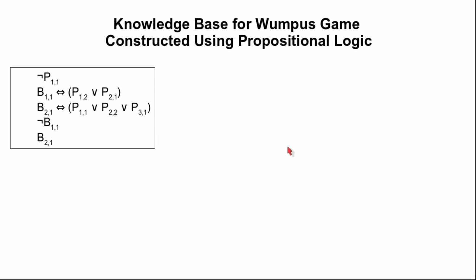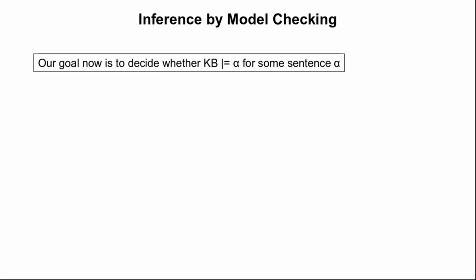So our knowledge base has 5 propositional logic sentences, and let us give a name to each sentence. Let us call the 5 sentences R1, R2, R3, R4 and R5. Now we want to perform inference.